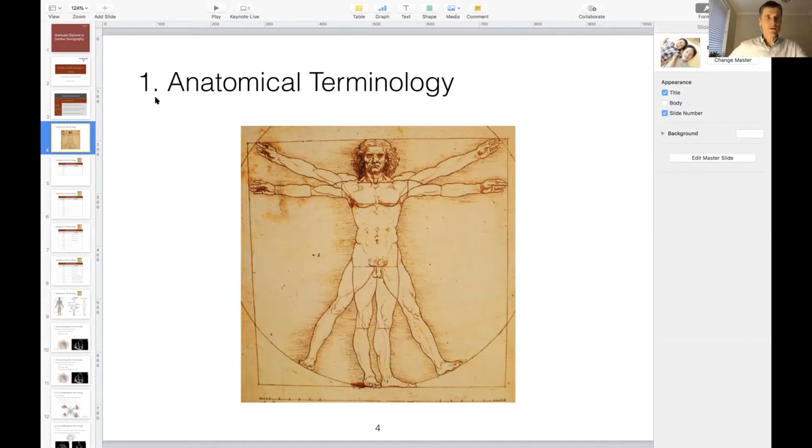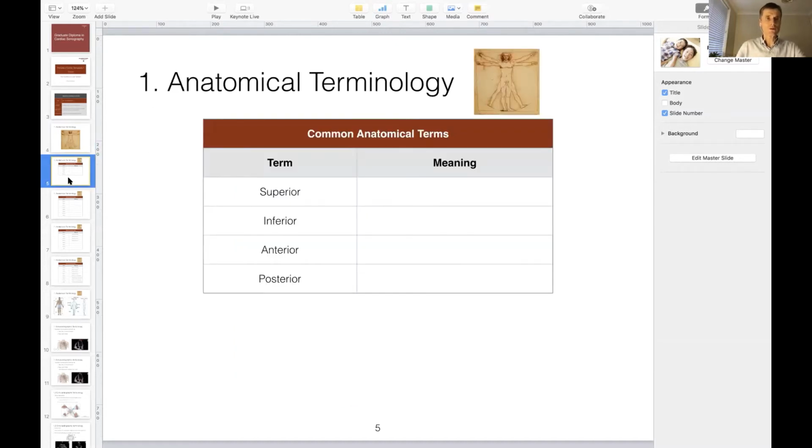This isn't something that's just new to us. This is something that's very much part of the history of the study of anatomy. It's really important to understand these terms. This is not difficult, and for most of you, this will be revision.